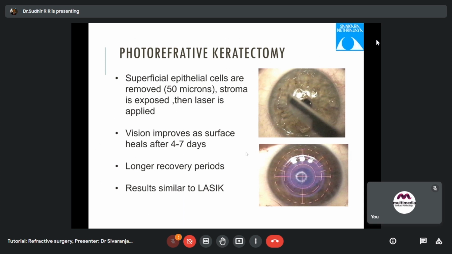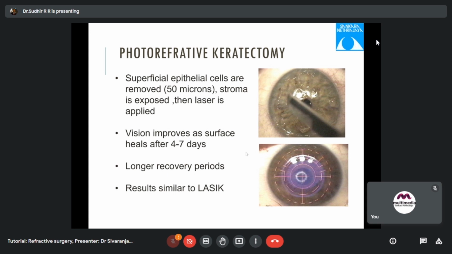The entire basement membrane separation should happen smoothly, so that the Bowman's layer is smooth. The laser is so perfect that it creates a nice uniform plane, and when it is uniform, it will not cause scarring. The second thing, as you said, is the use of mitomycin to reduce fibroblast proliferation, so reducing the haze.